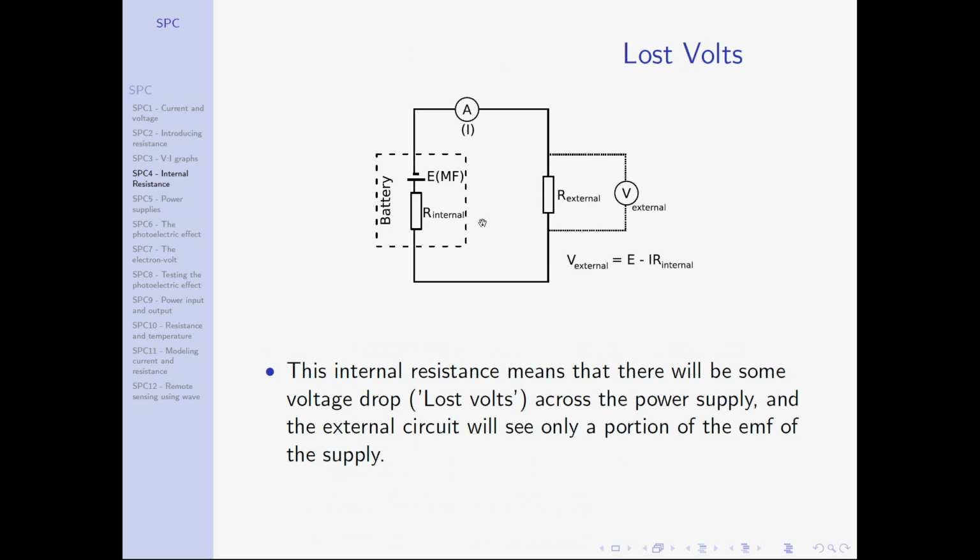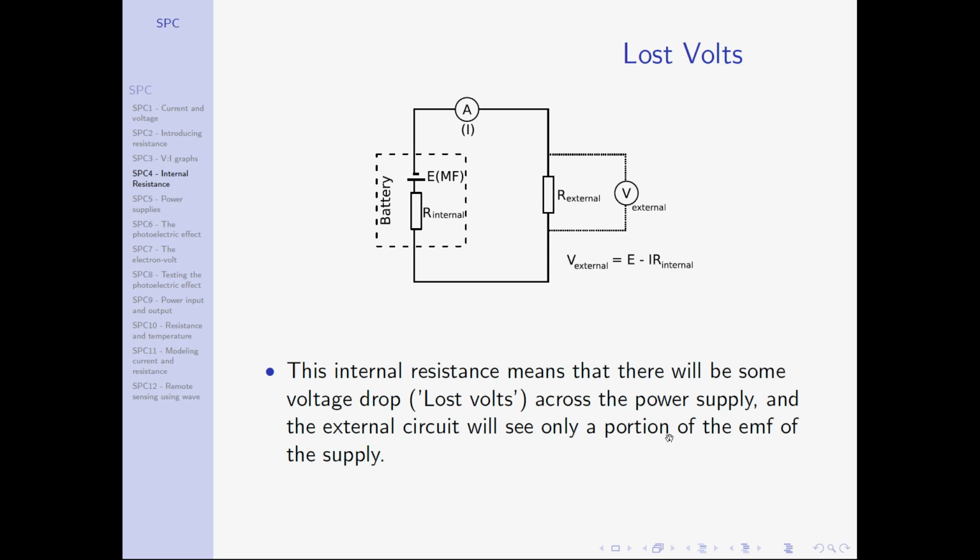And so this means that the difference between the EMF and the terminal PD is known as lost volts. That's a key term here. Because our real power supply has some internal resistance associated with it, there are some lost volts which are dropped within the power supply before our EMF even gets to the rest of the circuit.